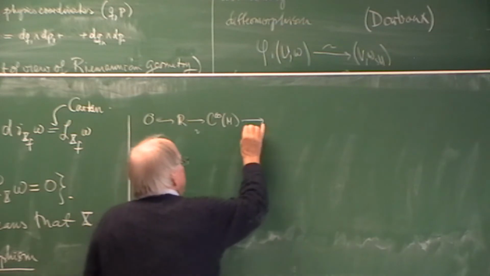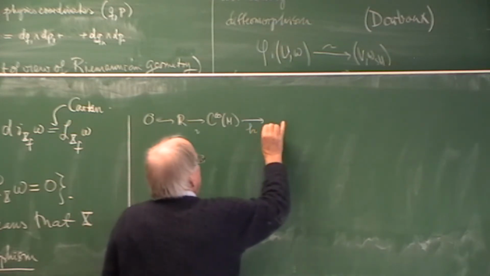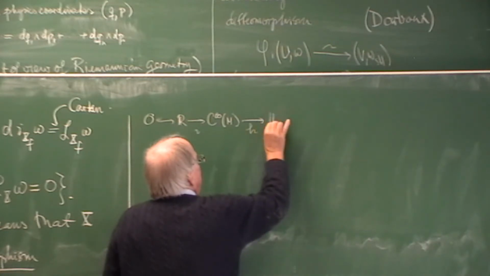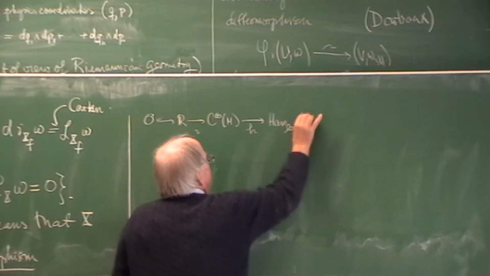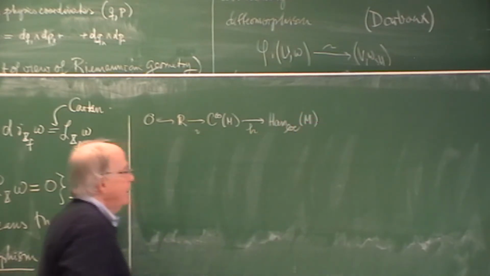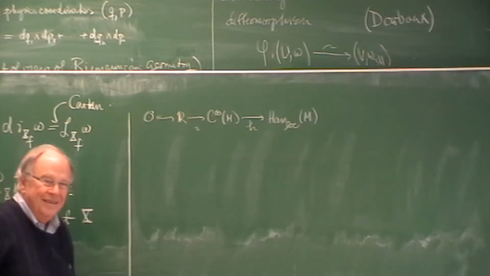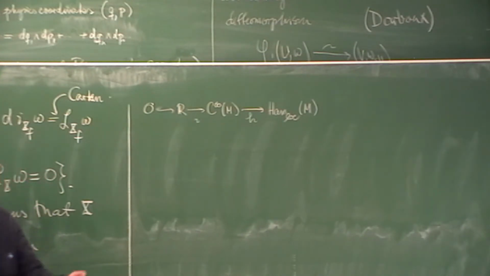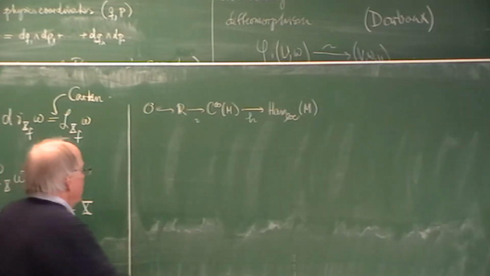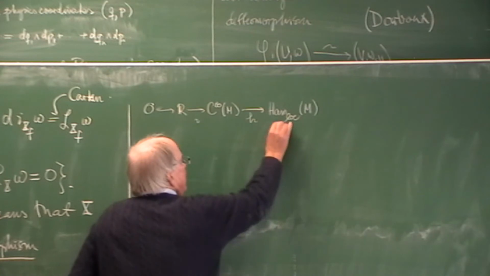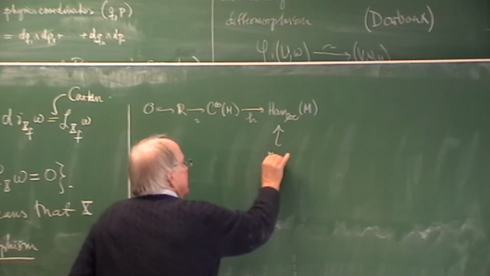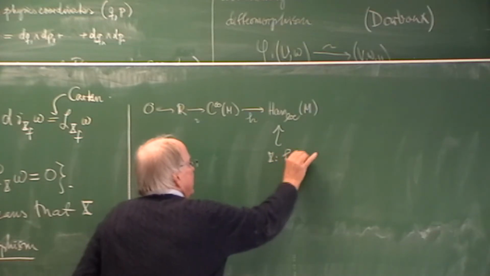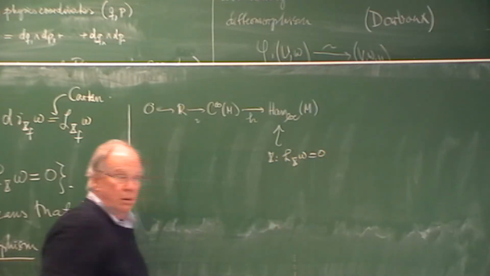Just the standard embedding, just the Hamiltonian mapping from this. And what I'm going to call here is Ham-loc of M. Because these are the x such that L_x omega equals 0.